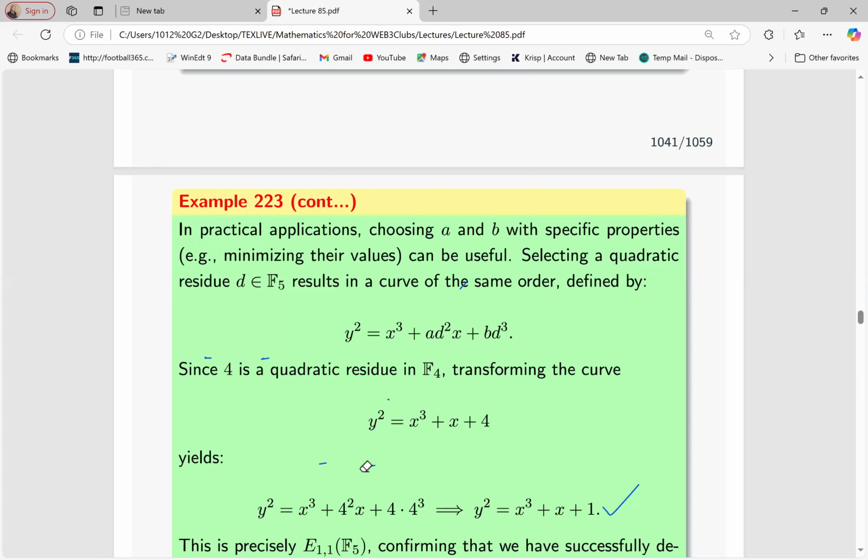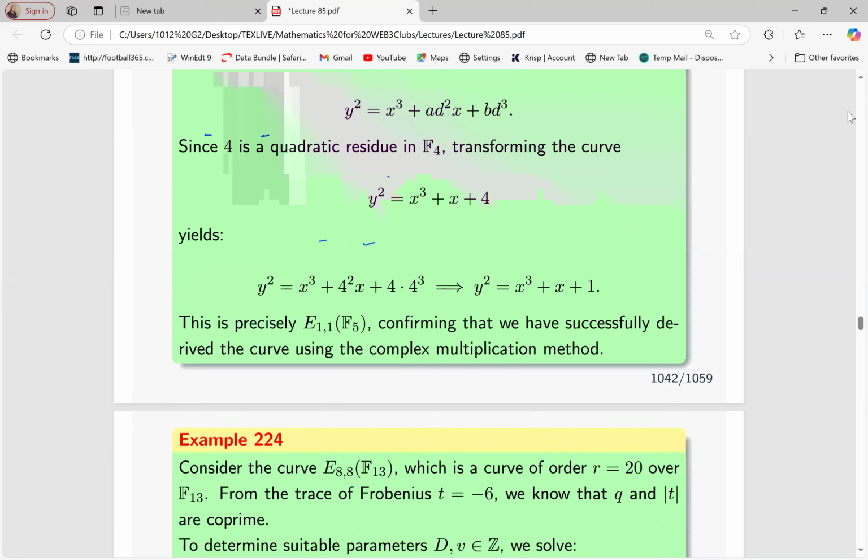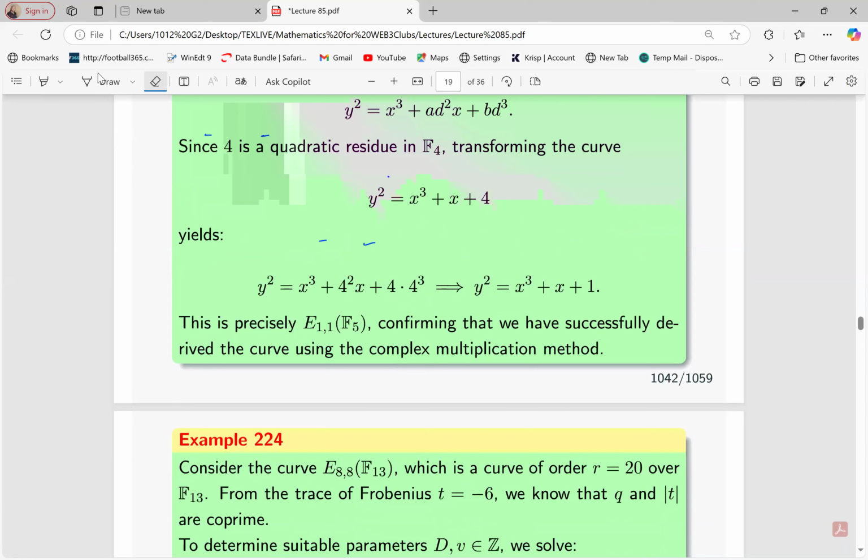Suppose you got 2 J invariants, what will you then do? Or you can even get 3 J invariants. So how do you proceed from there? That is what I'll be looking at in the next example, next time. Okay, thank you.